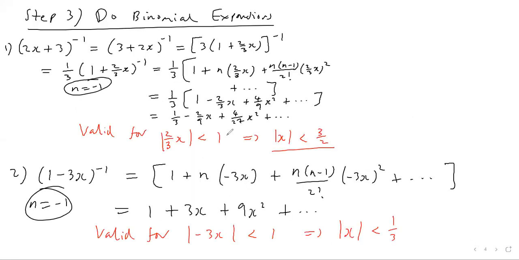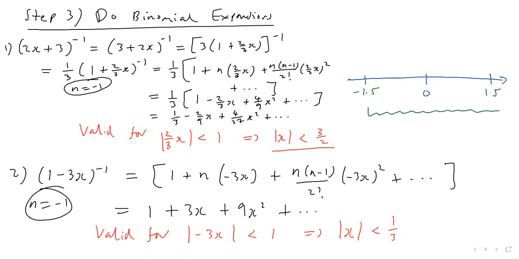We know that the first expansion was valid when the modulus of x was less than 3 over 2. Let's think about this on a number line. We've got a number line here, and I'll do this in blue, with 0 in the middle. For the first expansion to be valid, we need the modulus of x to be less than 1.5, so between minus 1.5 and 1.5.